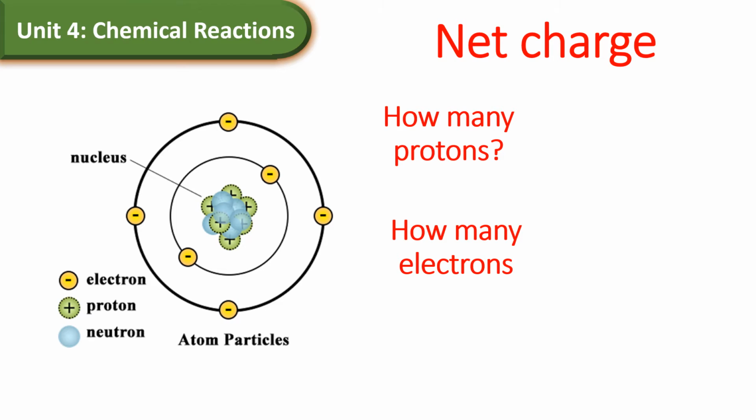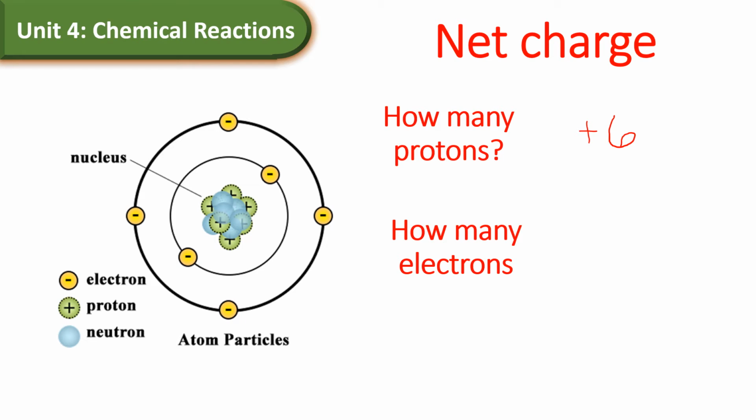So how do we know the net charge of an atom? There are two simple things that we have to find out. You have to know how many protons and how many electrons are there in your atom. In our example here, how many protons do we have? We have 6. And what is the sign of your proton? It's a positive charge.